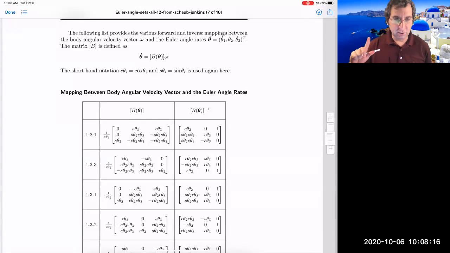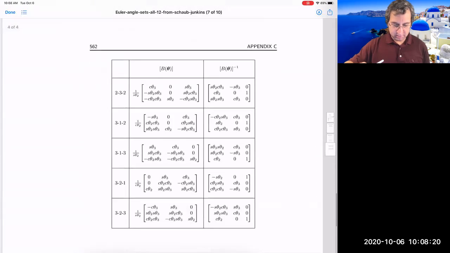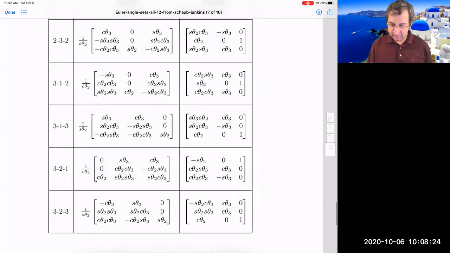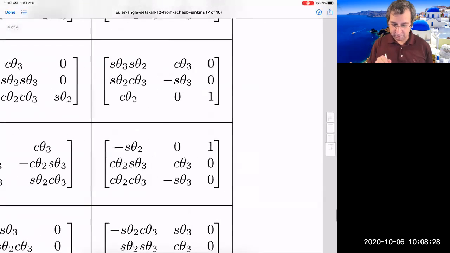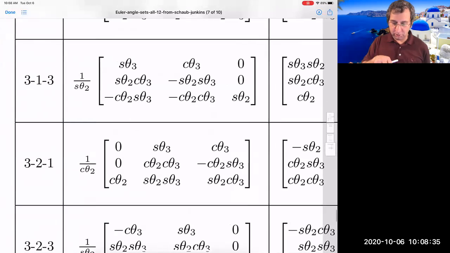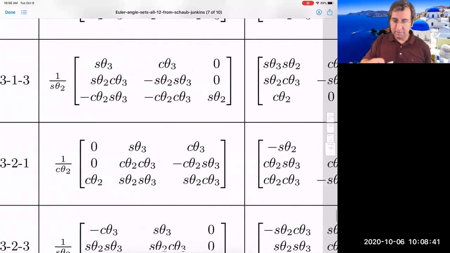And then here it writes what the B matrices are. So we just did the 3, 2, 1. Where is it? 3, 2, 1. It's down here. So if you recall, we got this matrix here for the 3, 2, 1. This is B inverse. And then if you actually take the inverse, well, this actually does it for you. And so this first column is B, the second column is B inverse.